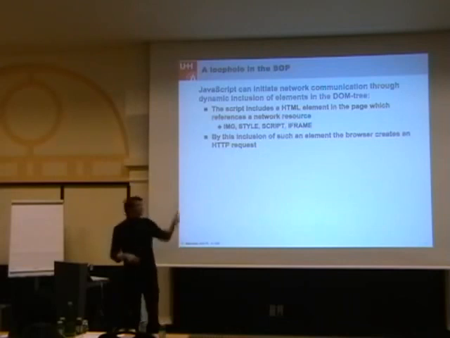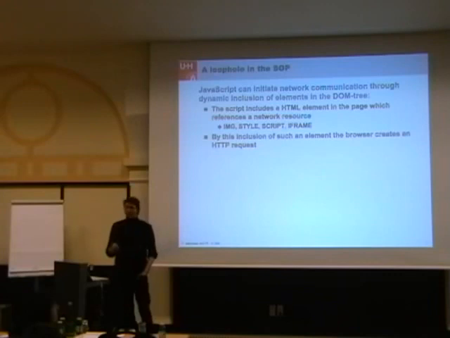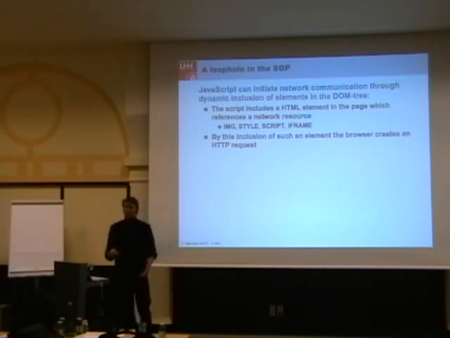Those are all tags that reference external entities, and so if the rendering engine of the web browser encounters those entities, the web browser causes another HTTP request. So if JavaScript is able to manipulate the DOM tree, the internal structure of how the web page is displayed, and is able to insert new elements in the DOM tree, JavaScript is able to insert new images, new script tags, new iframe tags. And by this action, JavaScript causes HTTP requests.